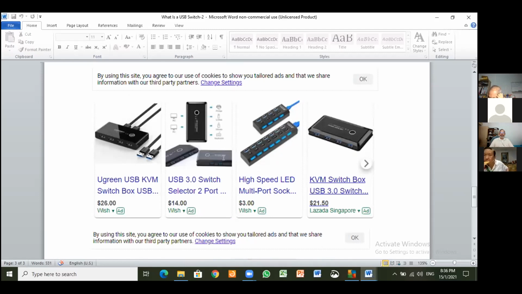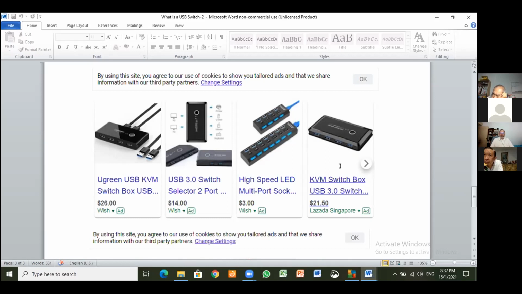Don't mix this one up with the one I explained earlier. When you buy a USB switch, you need to know which one you want to buy, a selected-port one or what?